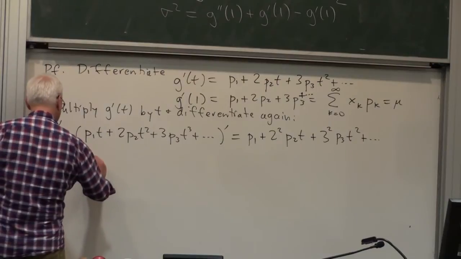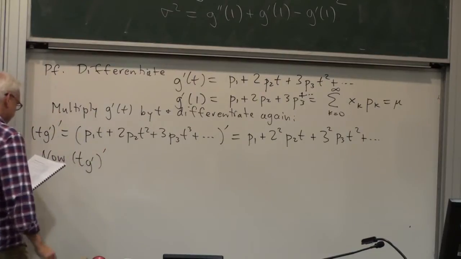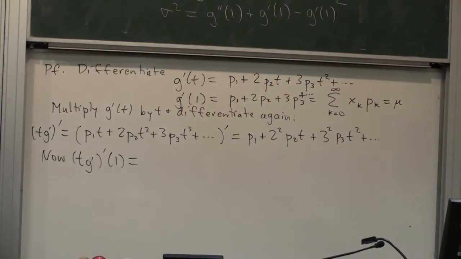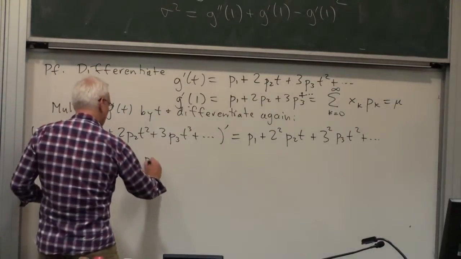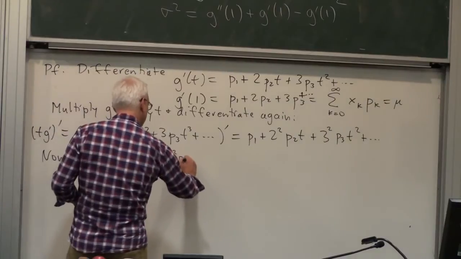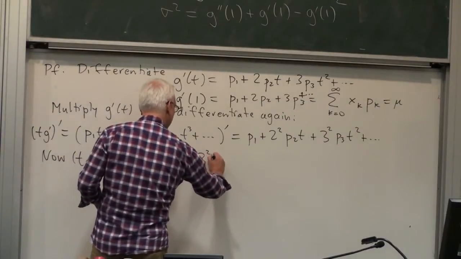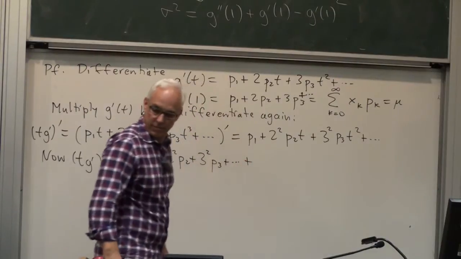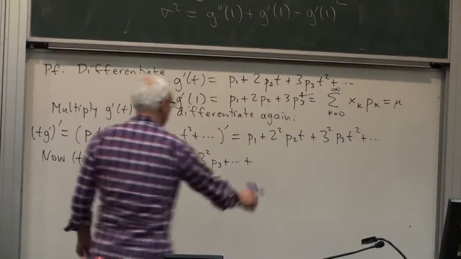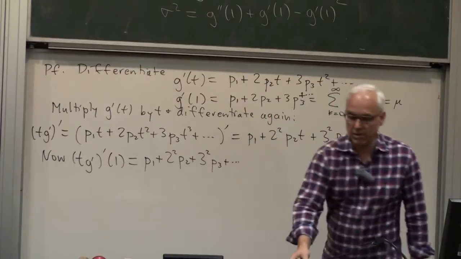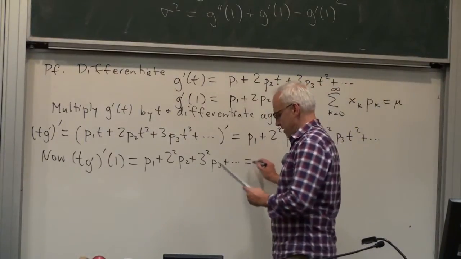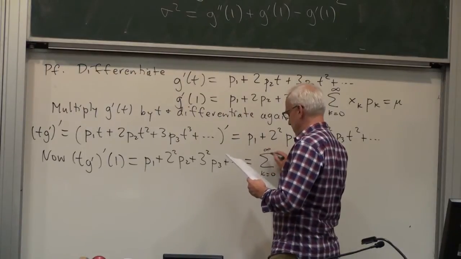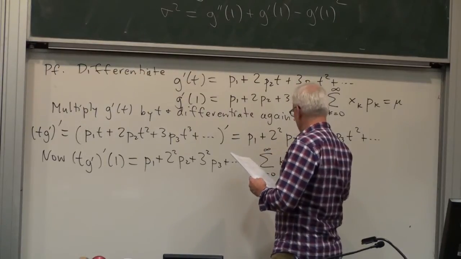So if I take (t g prime) prime and I evaluate it at 1, I get p1 plus 2 squared p2 plus 3 squared p3, and so on. We'll just pretend we're keeping on going. And that's the same as the sum from k equals 0 to infinity of k squared times p sub k.